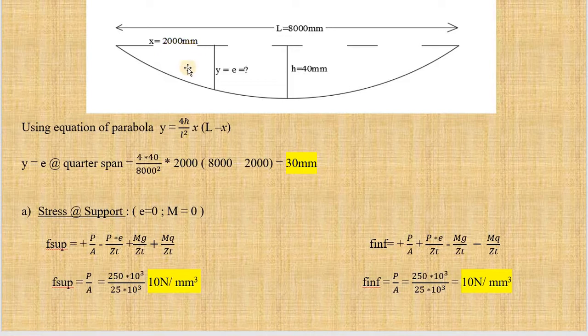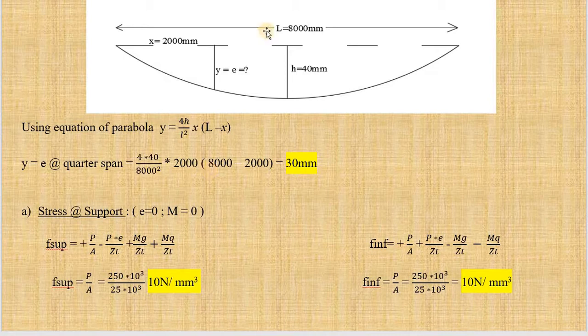This is the x value. Next is the L value. L is the complete length. It's 8 meter. I have converted it into mm, so it is 8000 mm. The h value is the eccentricity exactly at the midspan, h equal to 40 mm. Substitute all the values here by converting from meter to mm.